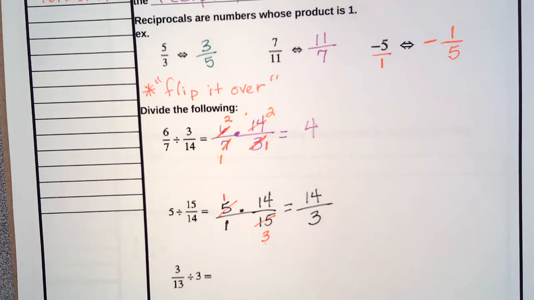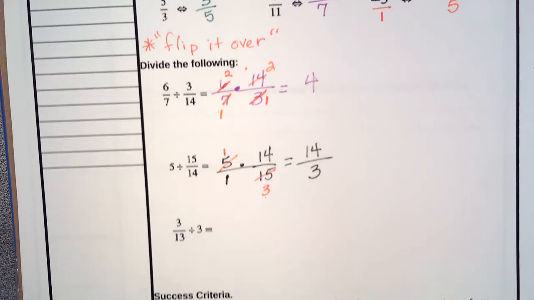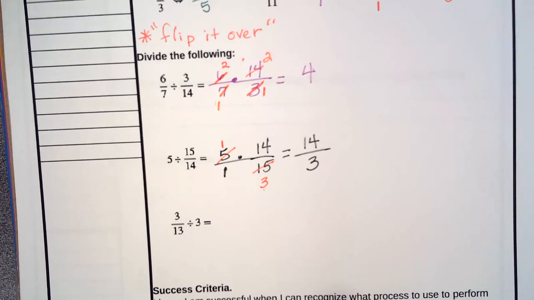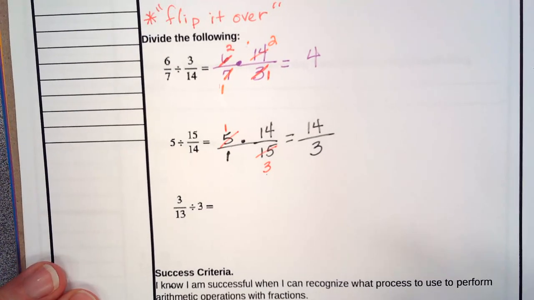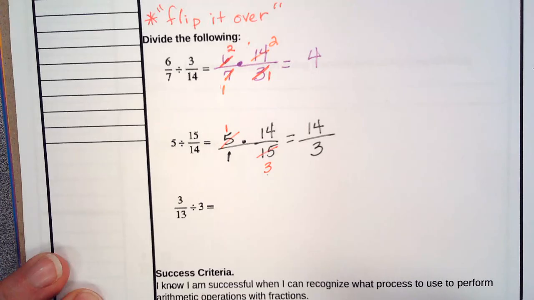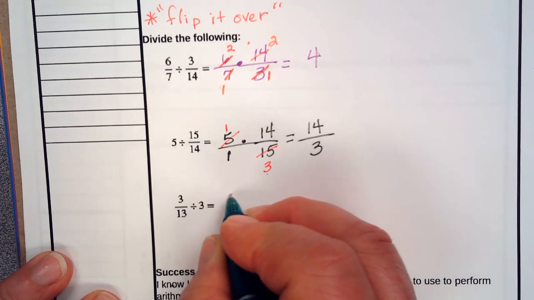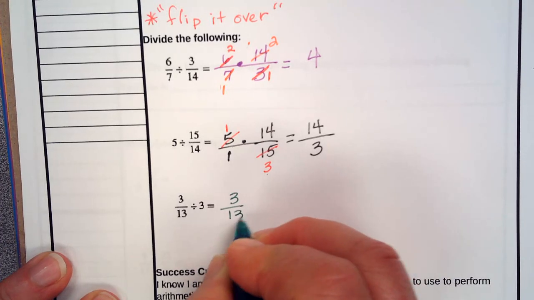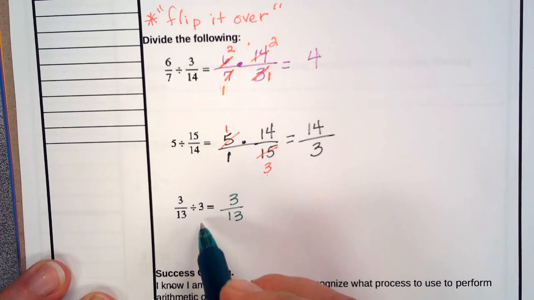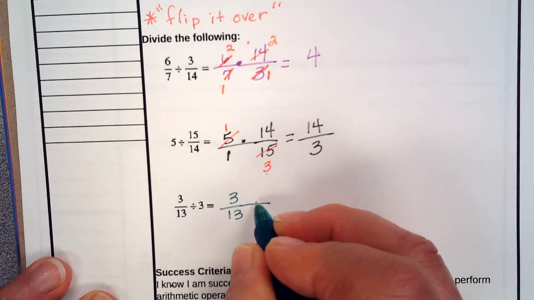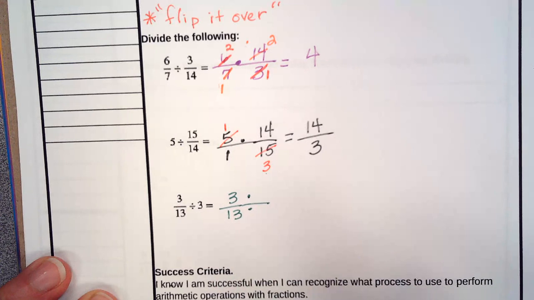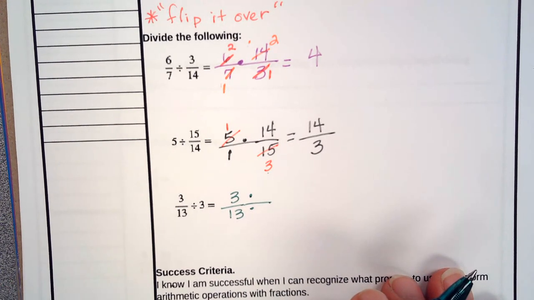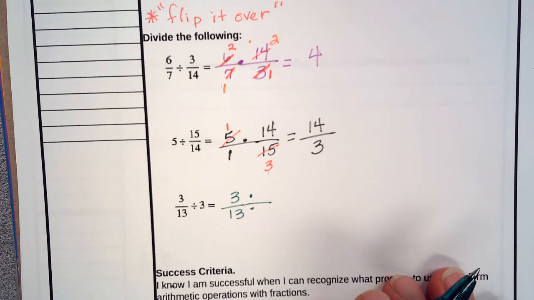Okay, for the last one, pause the video and see if you can set it up on your own. Well, I hope you tried. 3 over 13. What is the reciprocal of 3? 3 would be the same as 3 divided by what? 3 divided by 1.